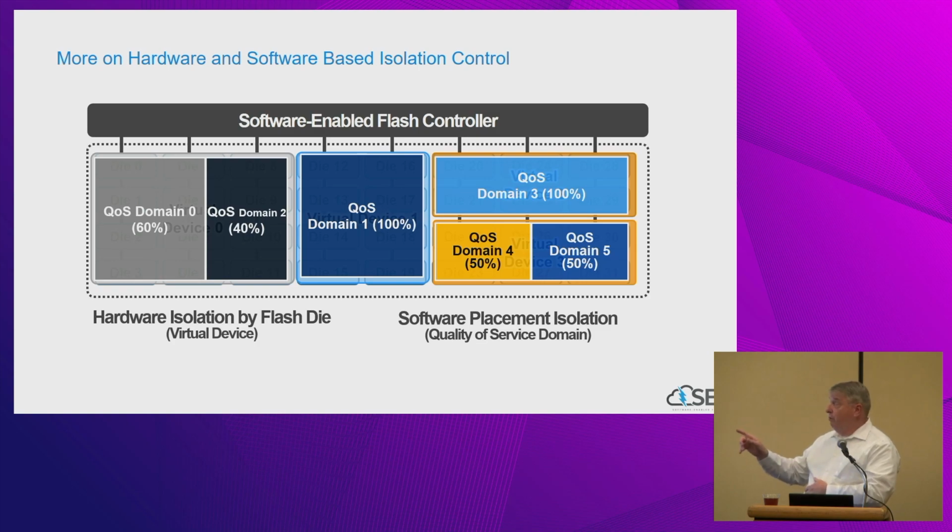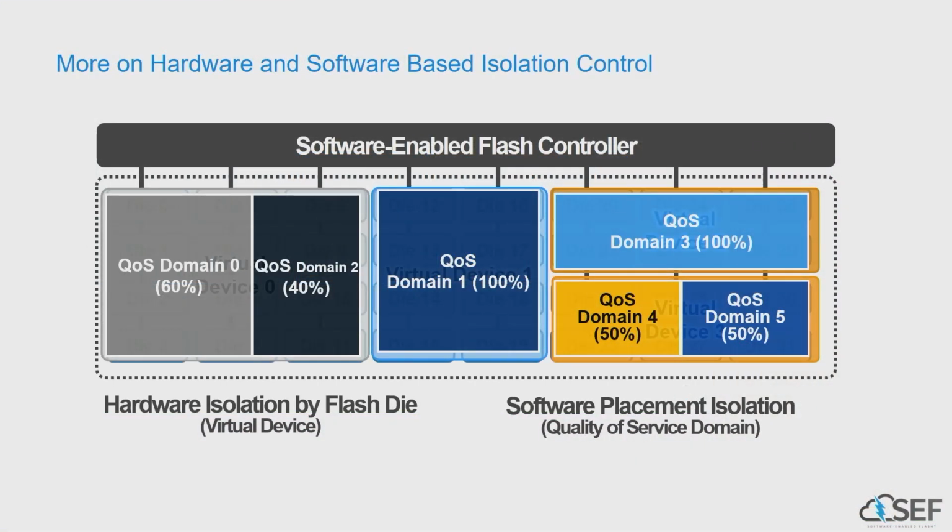Now, one of the benefits is, if you're looking at QoS domain 4 and QoS domain 5 in this example, the super blocks are shared within the virtual device underneath this, to the size of the super block. Once QoS domain 4 is assigned a particular super block, only the I/O going in and out of QoS domain 4 will go into that super block.